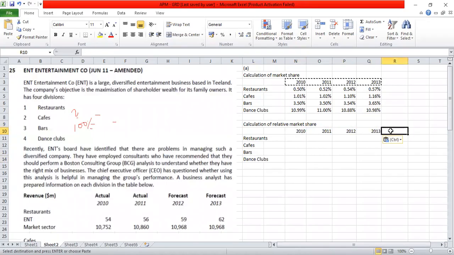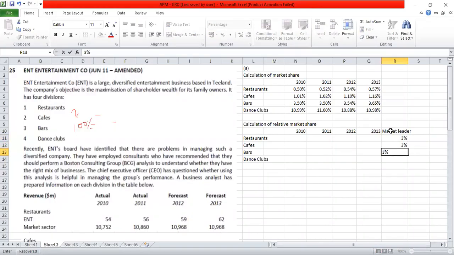So now this has to be compared with the market leader. For the first three, a unit is considered to have done well if it can capture a market share of 3%. For the last one, it is 15%.